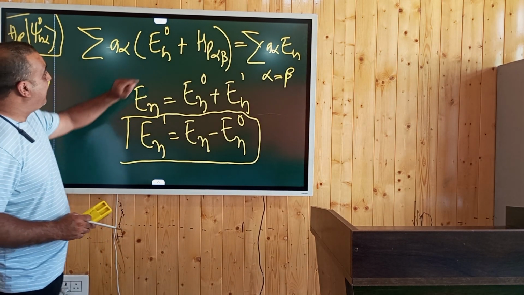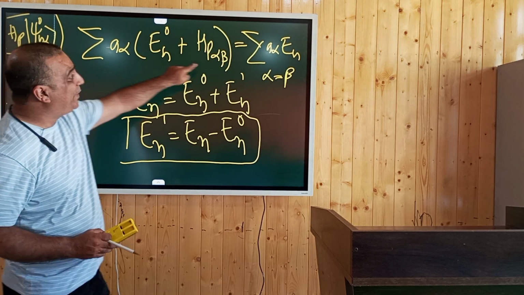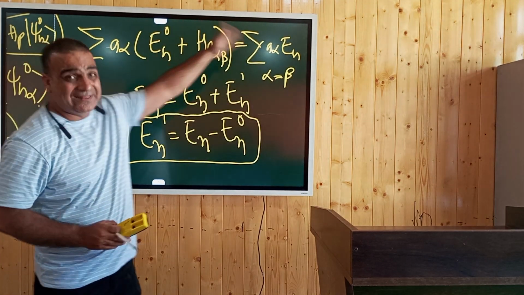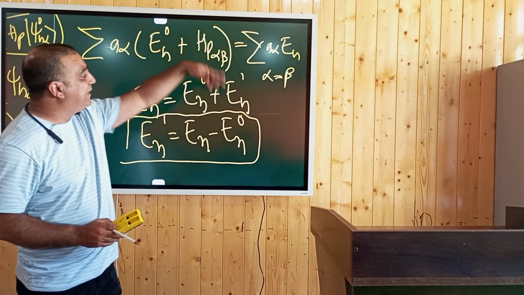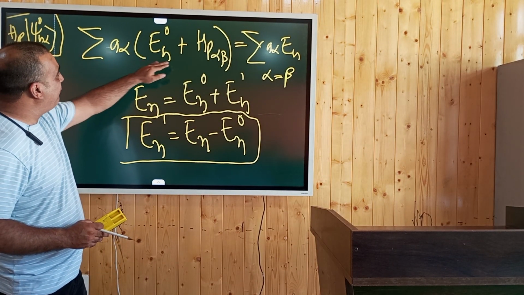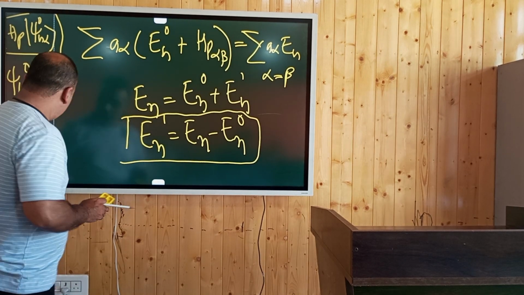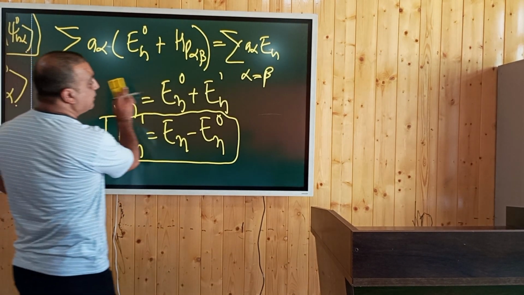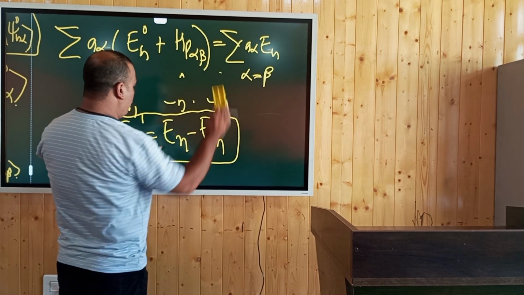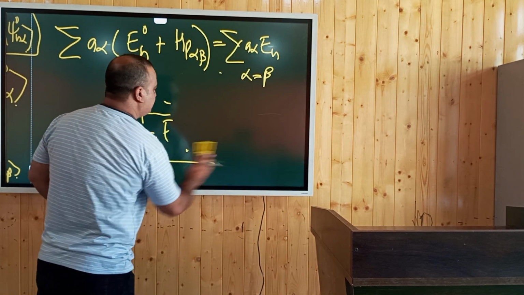Now you see, here you have En naught. You take everything on the other side. The choice is yours. Now if I bring it back, what will you get? I would like to write it here, so keep this in mind. It is En minus En naught.